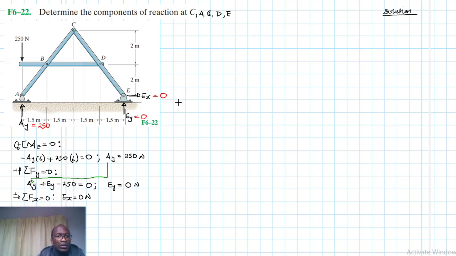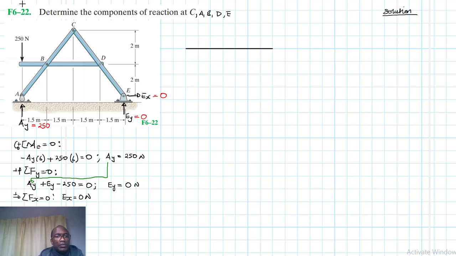Okay, so let's draw these members. We are going to dismantle this structure now. At this particular joint, we're going to have two reaction forces. So let's start with BD.